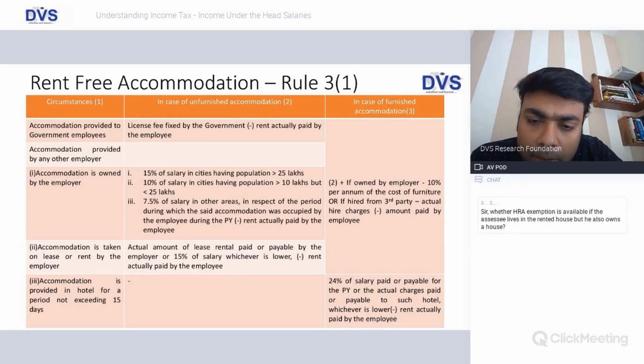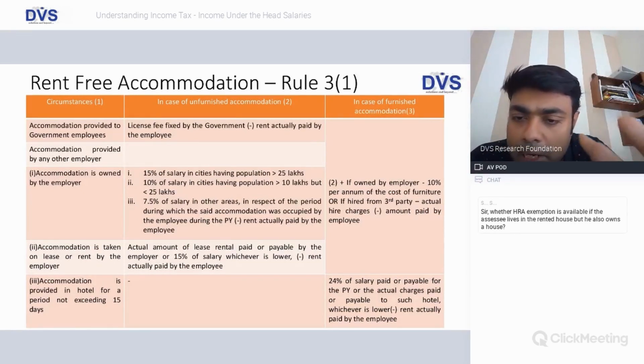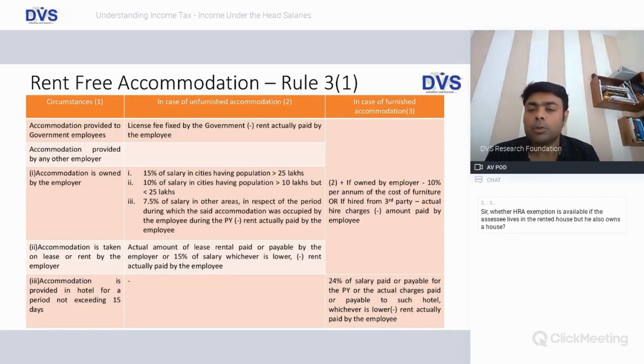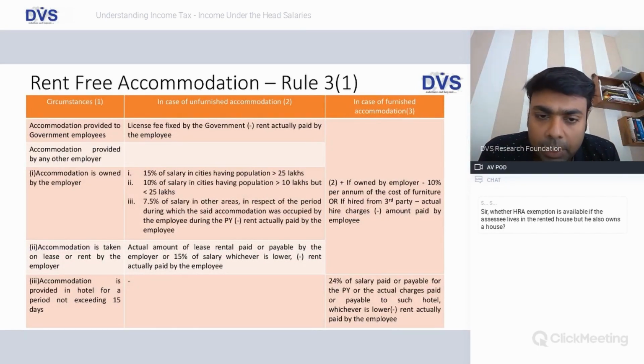In the earlier cases it is assumed that the employer owns the accommodation. If the employer has taken a flat on rent and given it to his employee, then it is the actual rent or 15% of salary, whichever is lower. This will be deemed as the value of taxable perquisite in the case of rent-free unfurnished accommodation. To this, you will reduce across all circumstances whatever is the rent recovered from the employee, and that will be the value of taxable perquisite.